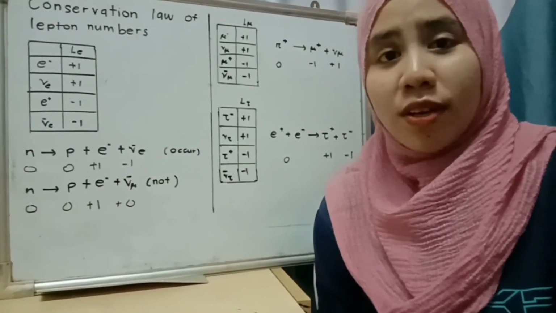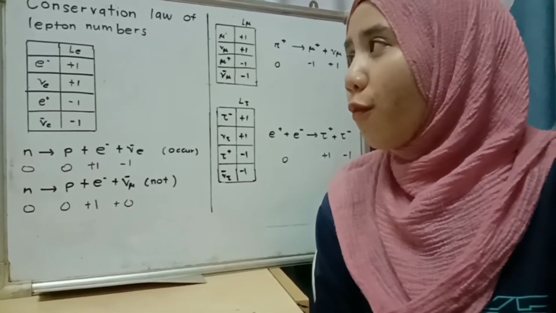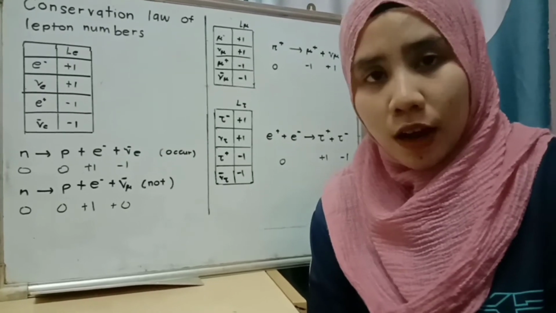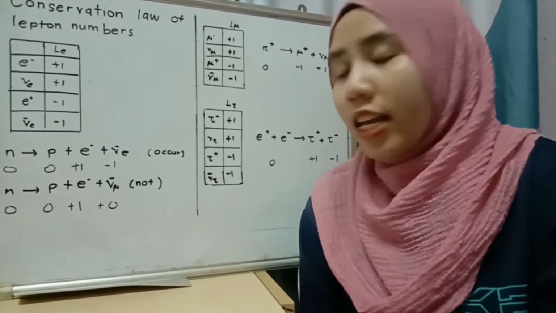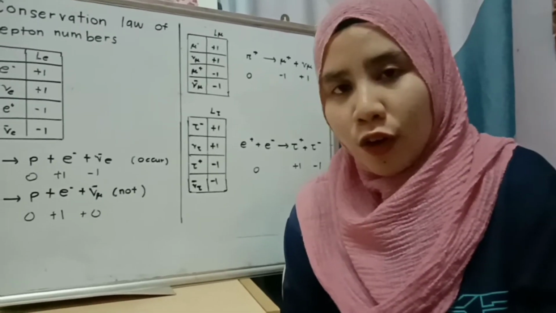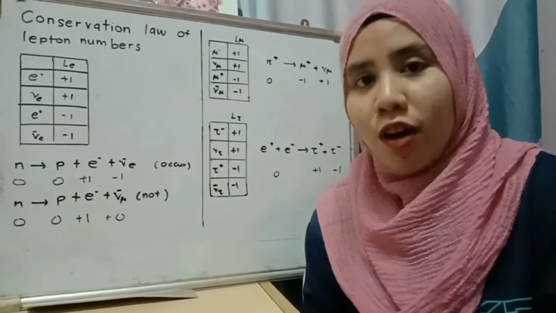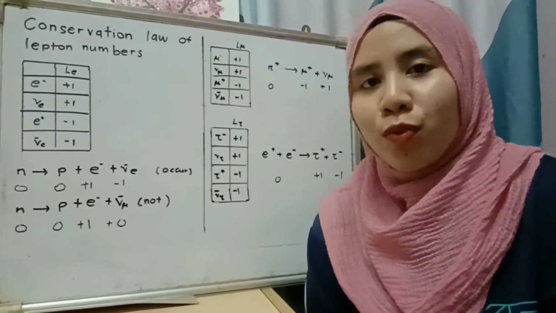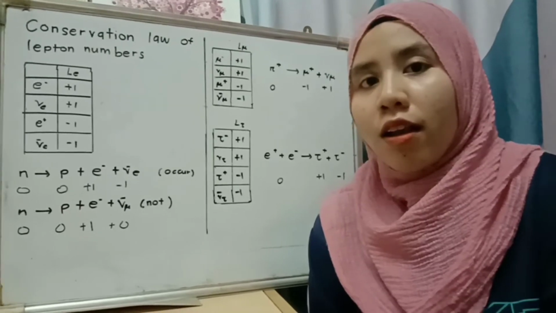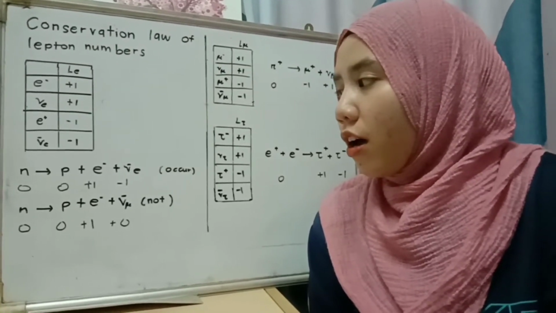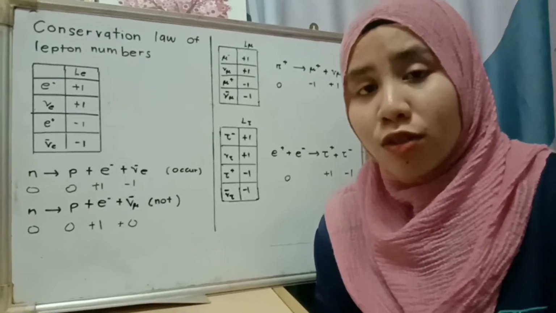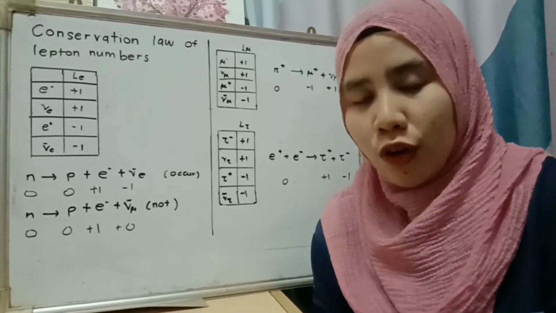Okay, now we will see the conservation law of the lepton number. We know that there are 6 leptons: electron, muon, tau, electron neutrino, muon neutrino, tau neutrino, as well as the anti-leptons: electron antineutrino, muon antineutrino, tau antineutrino.